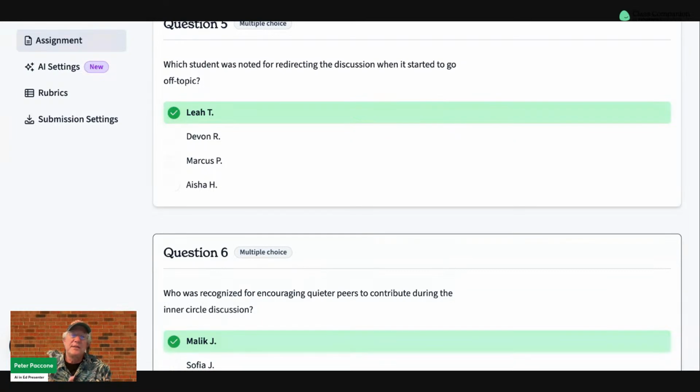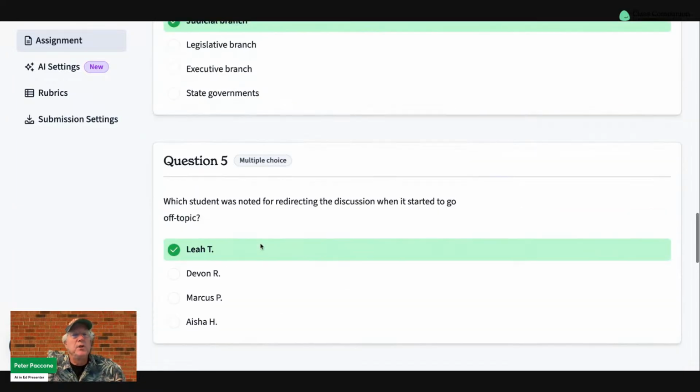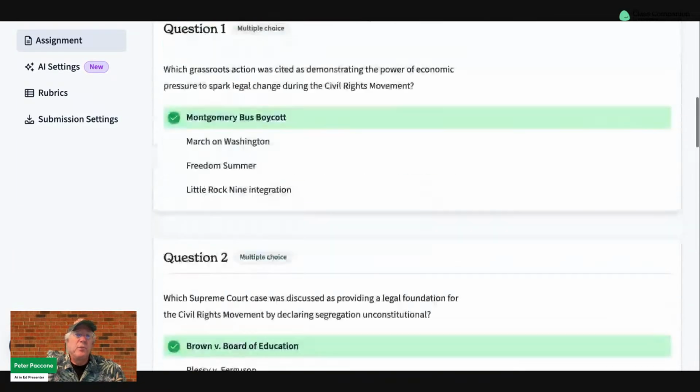Class Companion AI can also help you assess whether students paid attention during the activity, that they actually can recall who said what, some of the more memorable moments of the activity, or were they tuned out and then you don't really know. You can do both of those. And so that's what we wanted to do there.